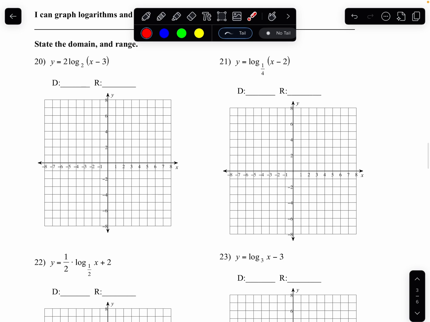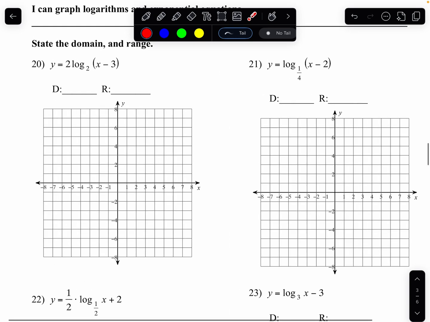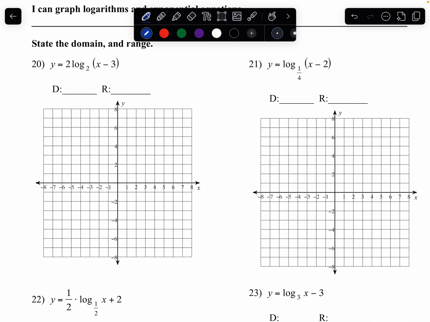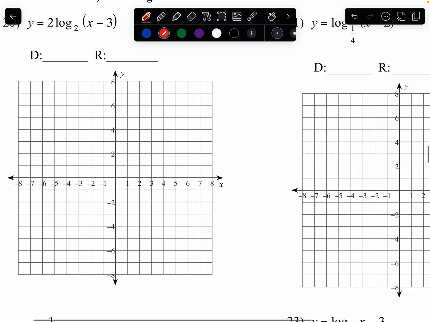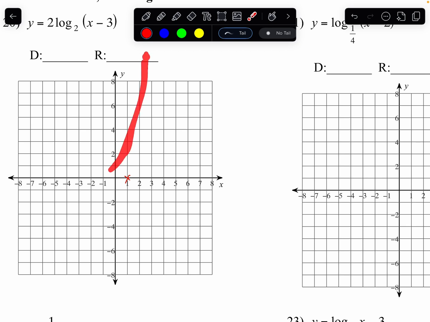Now, if I understand that, logs should be a little bit easier to understand, although they're still kind of confusing. So this is a log base 2. Following the same concept, it's going to be doubling, but now we're going to double it in accordance with the x-axis. So I'm going to plot my first point at 0, 1 rather than at 1, 0, and rather than doubling this way, we're going to double growing in this way.